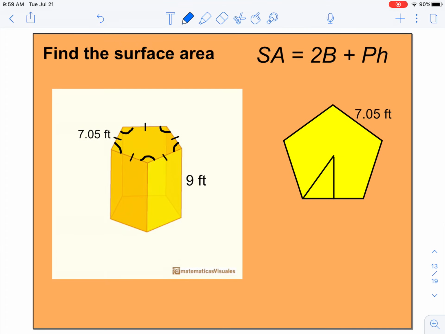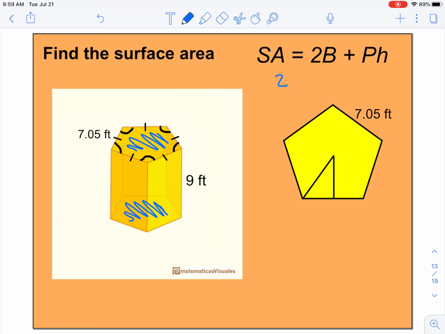So, working through this one is not really that much different, but again, it depends on what information you're given as to how challenging the problem is. This is the base. Okay, so when I calculate the base area, we can see that it's marked regular and it's a pentagon.